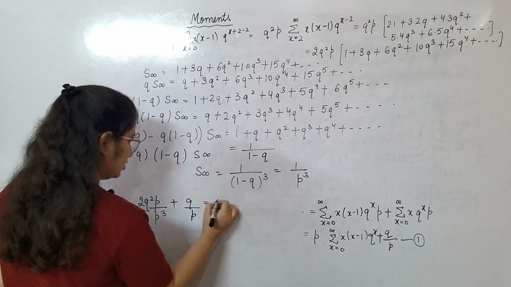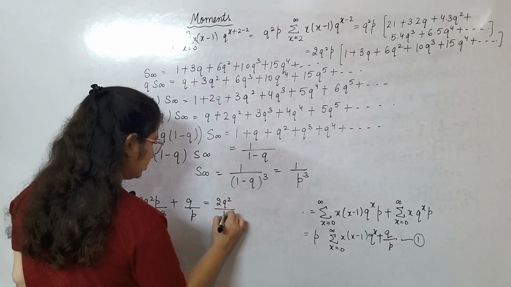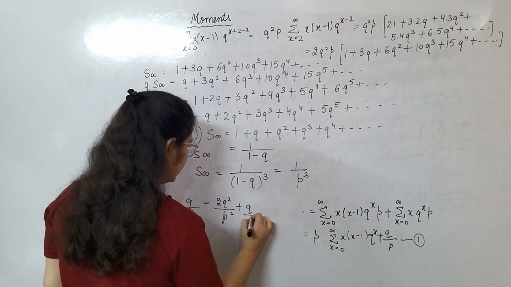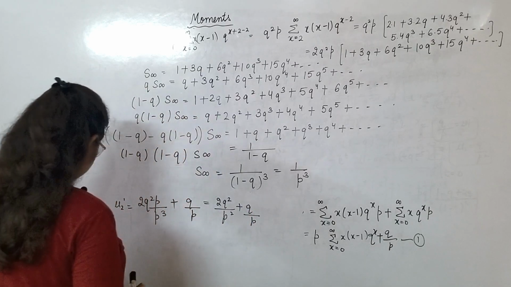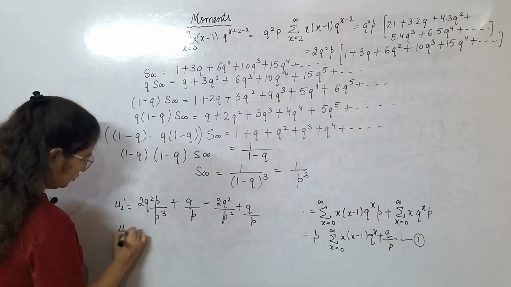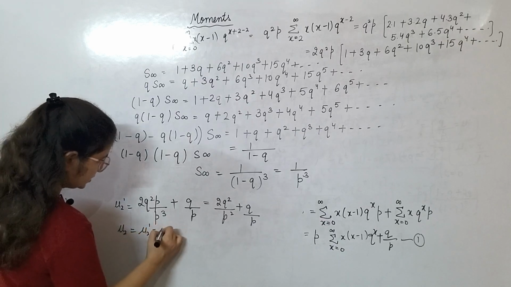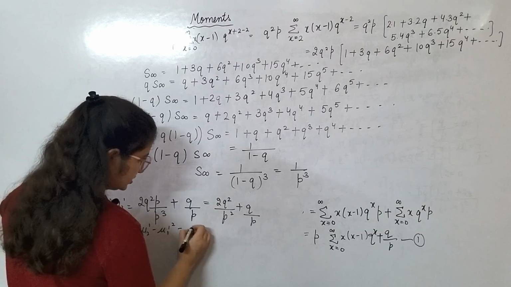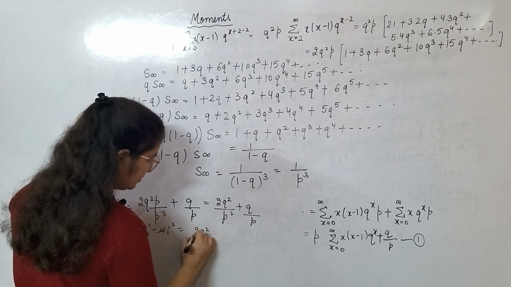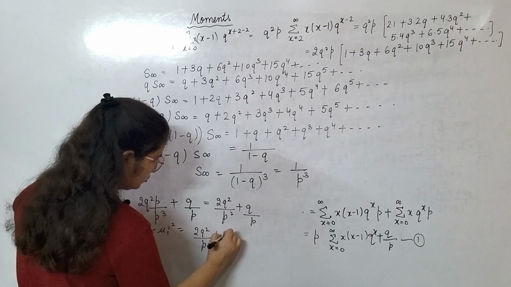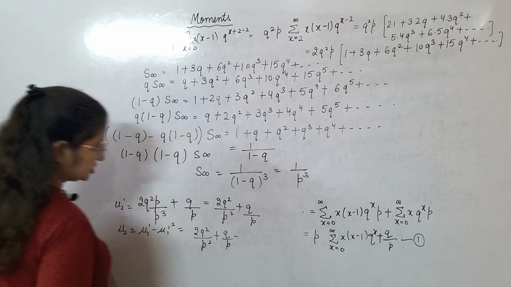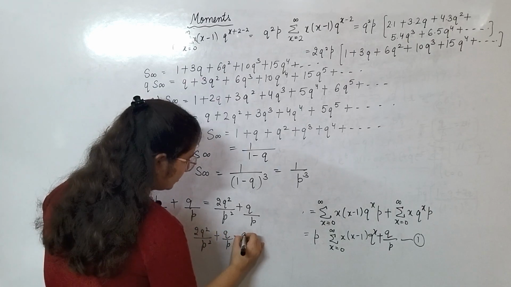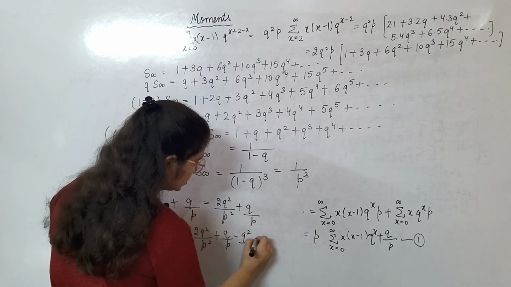So it will be 2q square by p square plus q by p. Now how will I calculate the variance? Variance mu 2 will be mu 2 dash minus mu 1 dash square. Variance mu 2 is 2q square by p square plus q by p minus mu 1 dash square, which is q square by p square.